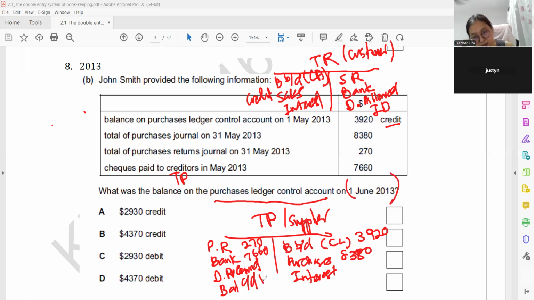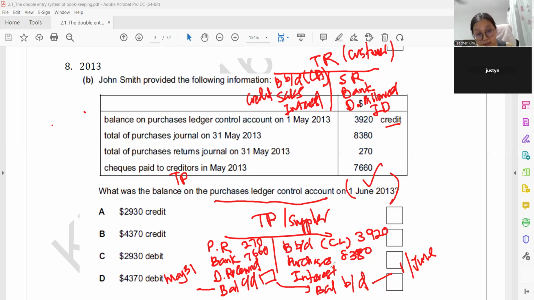This amount that we calculated will transfer to here, balance BD. And this one is the end of the month, which is May 31st. Whereas this one is the 1st June. The question asks for the 1st June, which is on the credit side.